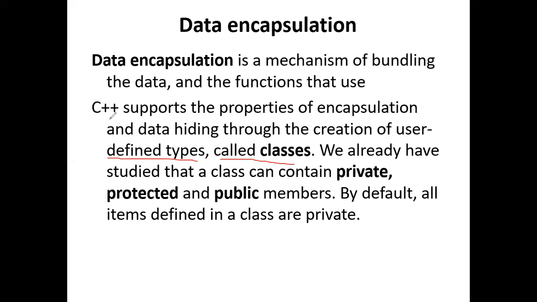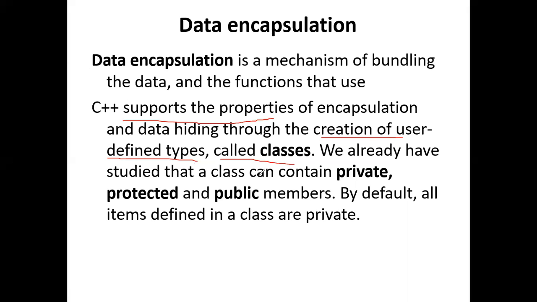So to ensure the data is hidden or protected, we created classes. Previously we didn't talk about this; we first learned what a class is. Now when I say we created classes for data encapsulation, it will make more sense, because you are already familiar with classes and how they work, and with the access modifiers. So now I can give you the full picture.